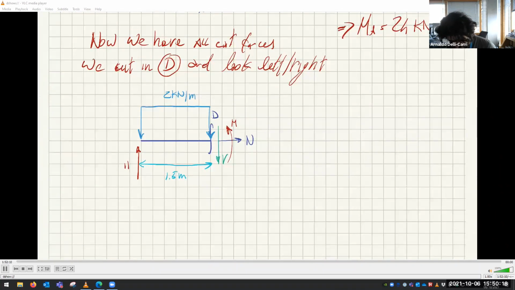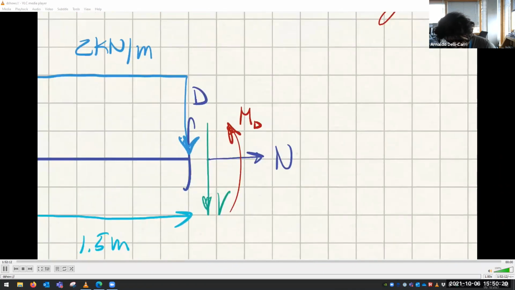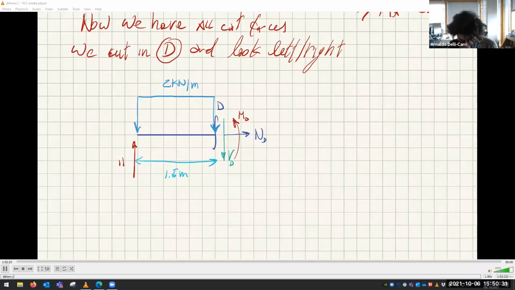This is MD, this is ND, and this is VD. And then there you go. Now again, this is also this. I told you this is a distributed load.